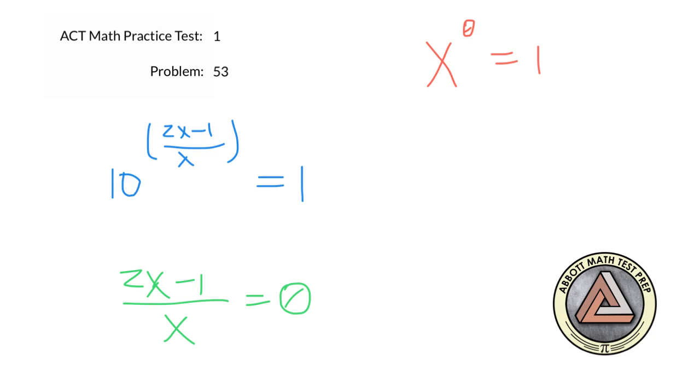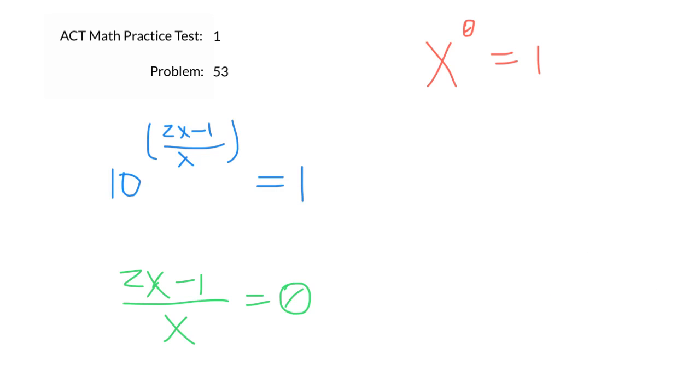Now, I'll throw a little bit of fancy reasoning at you guys right now, because first of all, we know that x cannot be 0. That's certainly true of this problem, because if x was 0, then it would be undefined. So we have to assume that x is some number other than 0.